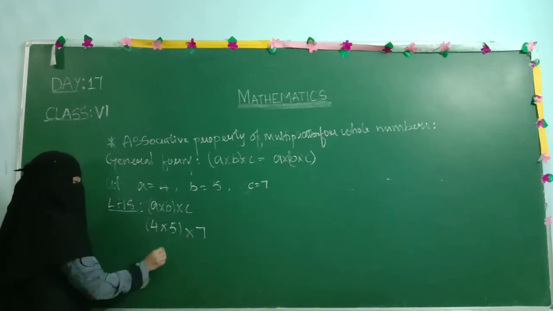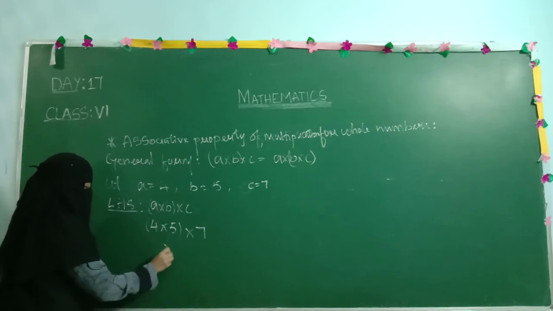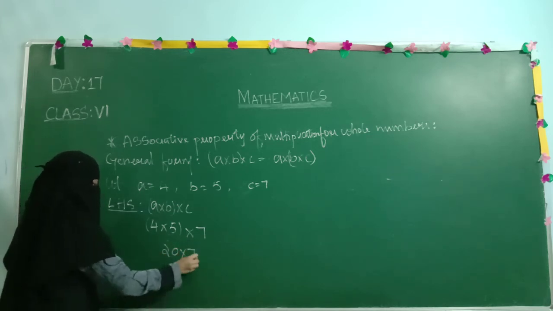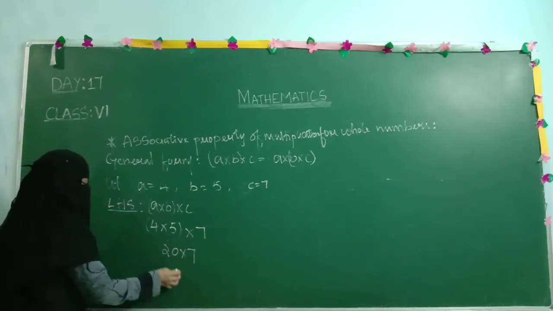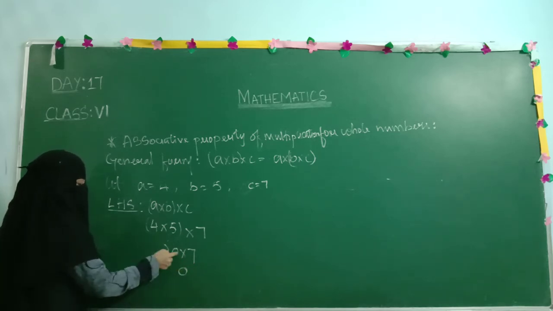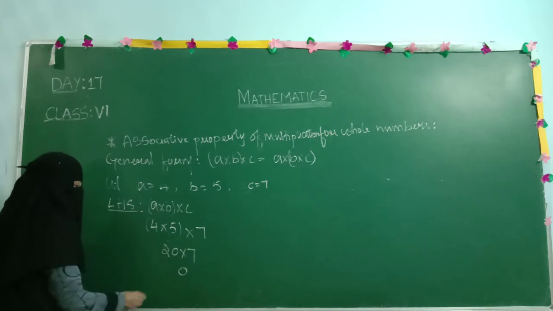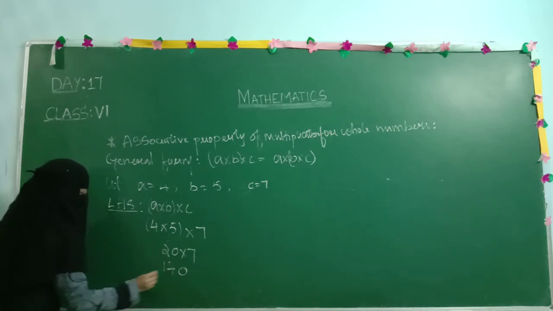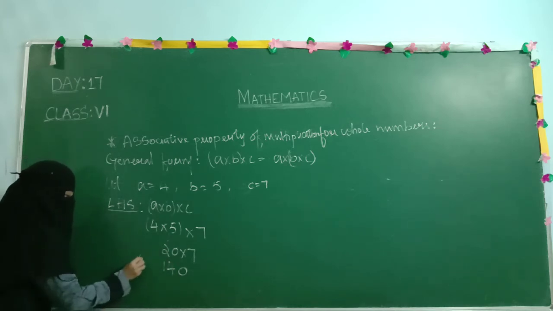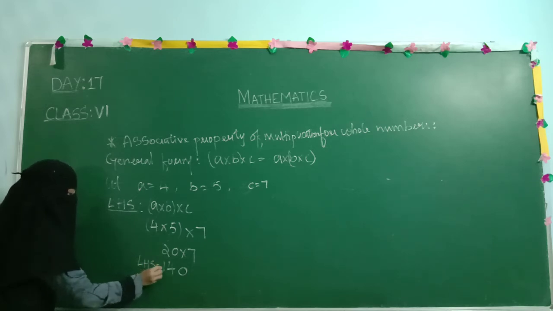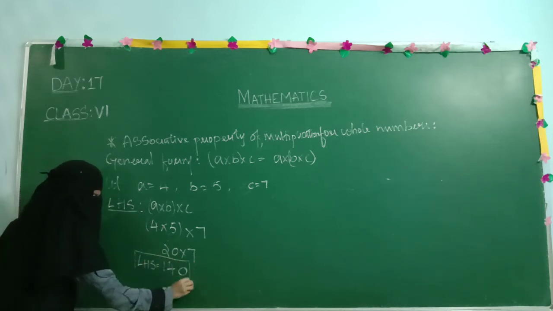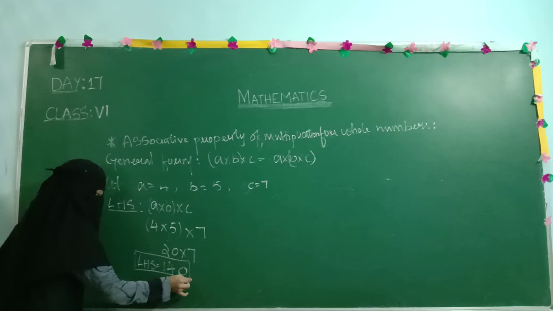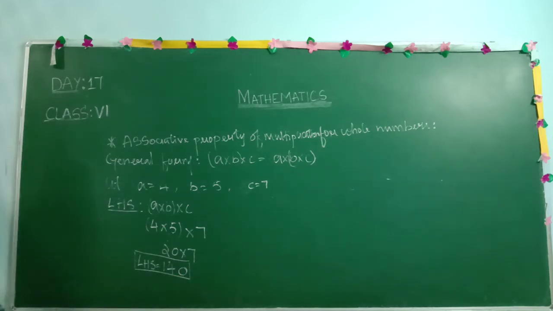Now 4 times 5 is 20, into 7. 7 times 0 is 0, then 7 times 2 is 14. This is the LHS part. LHS we got as 140.